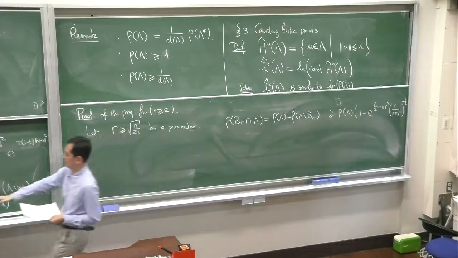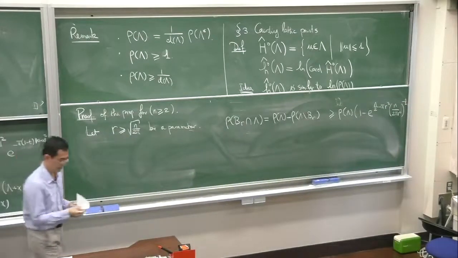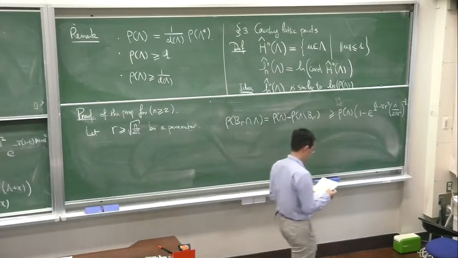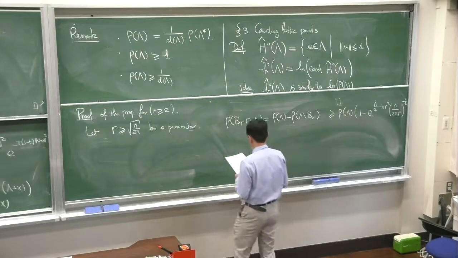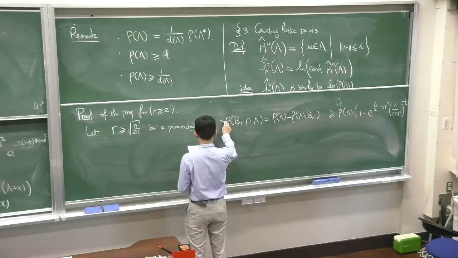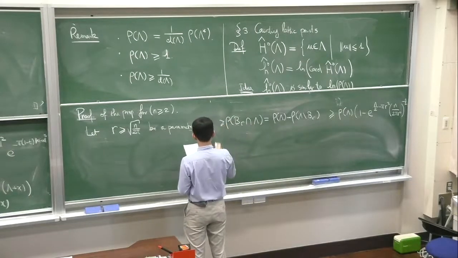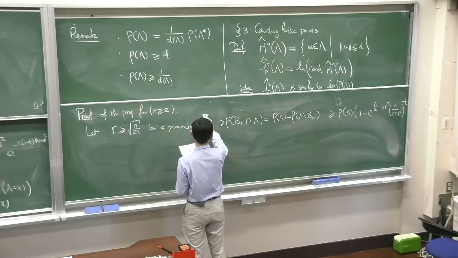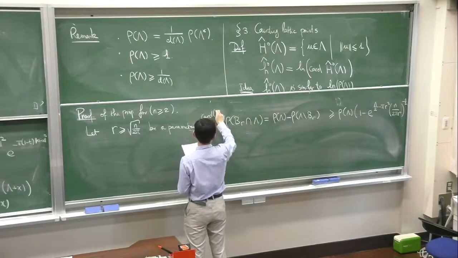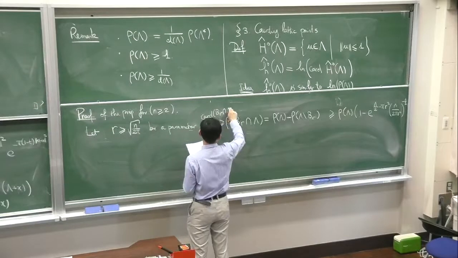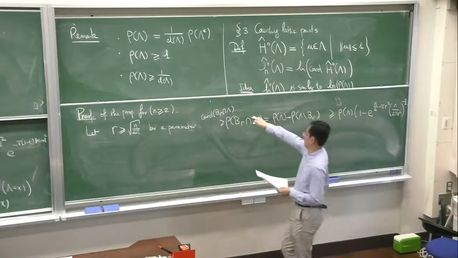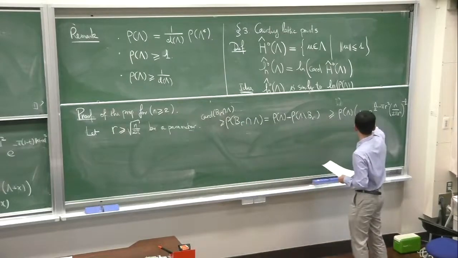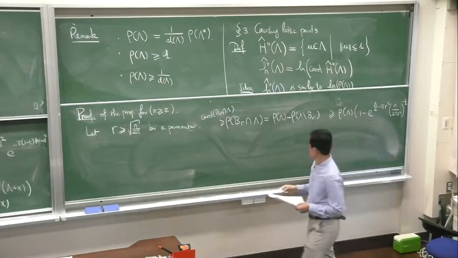So I'm just using this estimate. At the same time, you know that this is always bounded from above by the cardinal of B_R intersection with lambda. So you have some lower bound of the counting function by such a function.